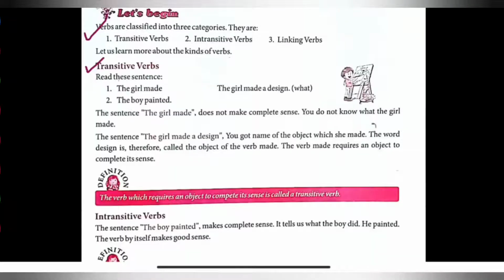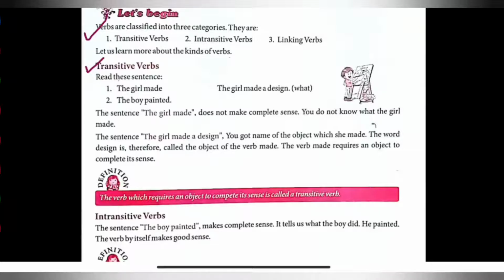The first type is transitive verb. Read these sentences. The girl made. The boy painted. Here, the sentence the girl made does not make complete sense. The girl made what?